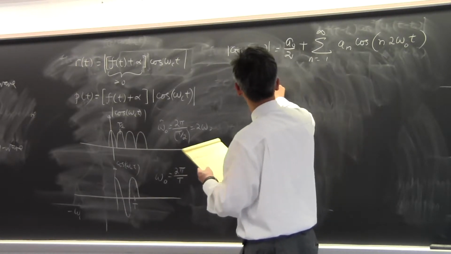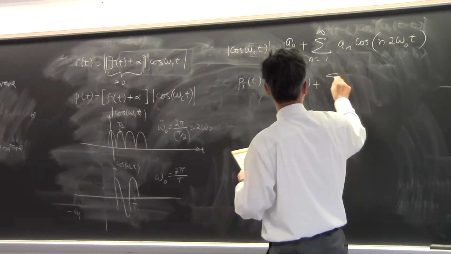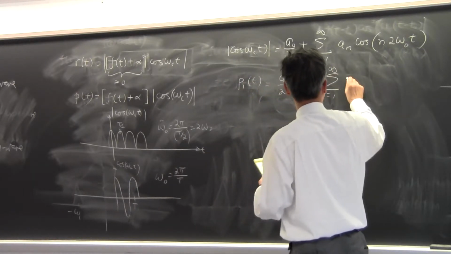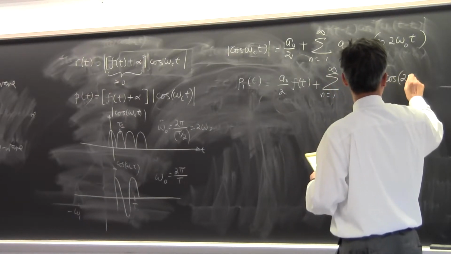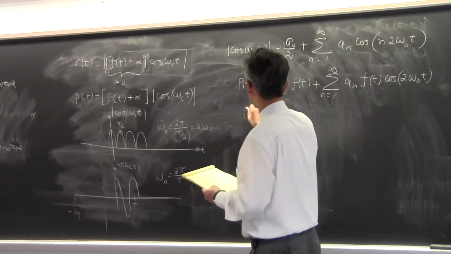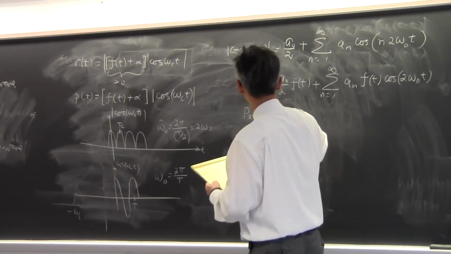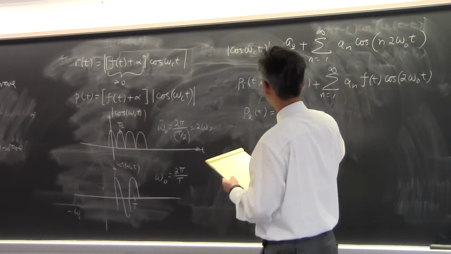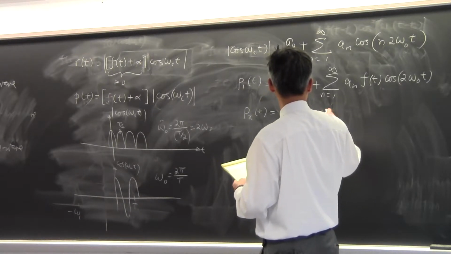Okay, so p1(t) will be a0 over 2 f(t) plus the sum from n equals 1 to infinity of a_n f(t) cosine of n 2 omega naught t. p2(t) is just equal to alpha cosine of omega_c t.